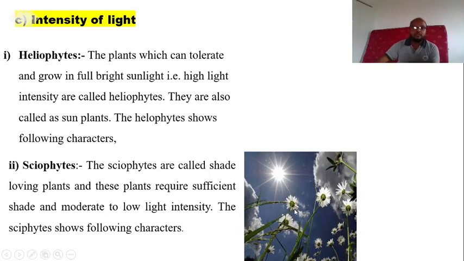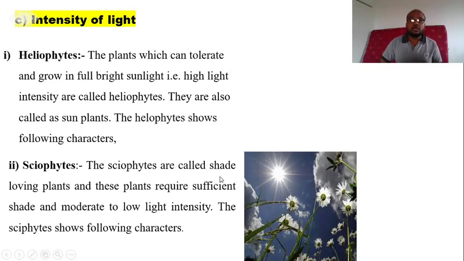So such plants are called sciophytes. Certain ferns are called sciophytes. The sciophyte shows some characters: it is a small plant, it has less mechanical tissue, and the roots do not penetrate deep into the soil, and it has the capacity to absorb the water present around the plant.